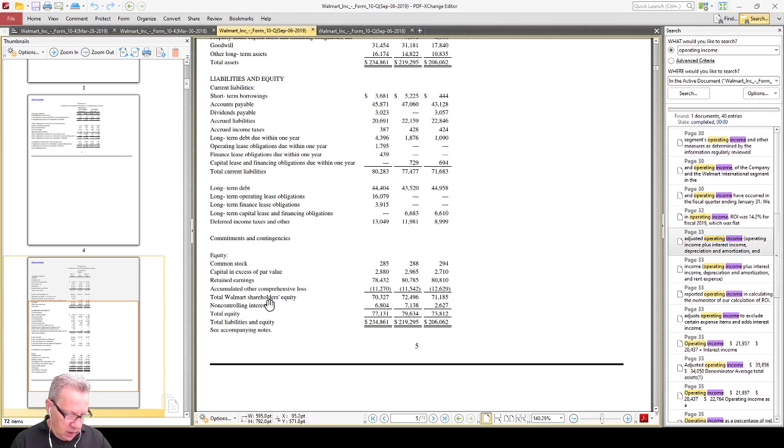It doesn't mean a whole bunch really, but it's sort of a baseline number which you need, because it starts to tell you what your return on equity number is.